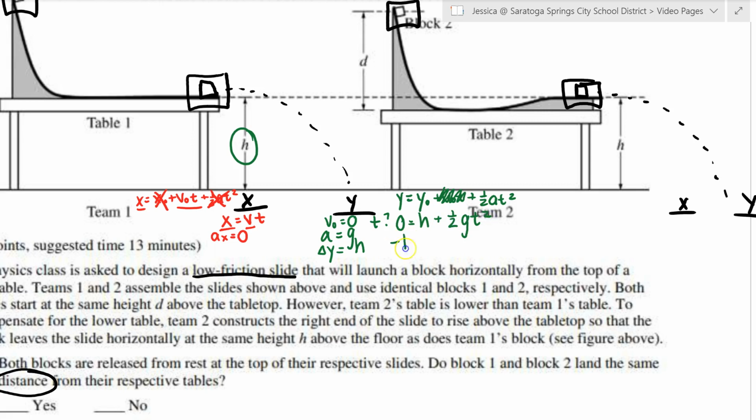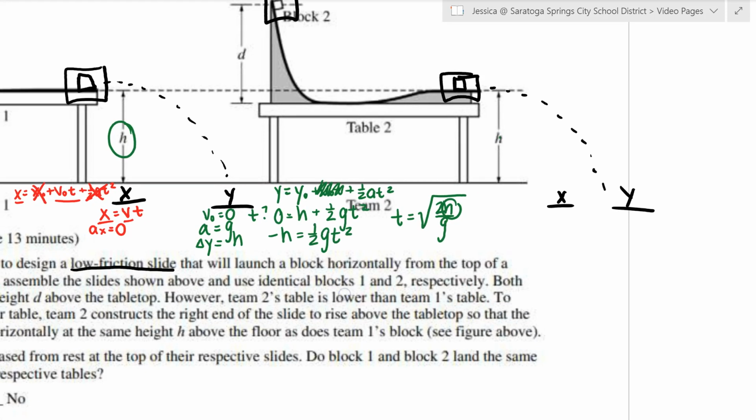So the time, 1/2 gt squared, is going to be dependent on the height. If the changes in height off the edge of the table are the same, then the time is the same. So for both of these, h is the same.